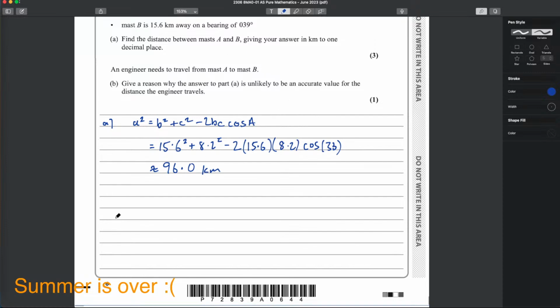Okay, B. An engineer needs to travel from mast A to mast B. Give a reason why the answer to part A is unlikely to be an accurate value for the distance the engineer travels. Okay, a contextual question. We need to think, why in real life would our perfect mathematical answer not be completely realistic?